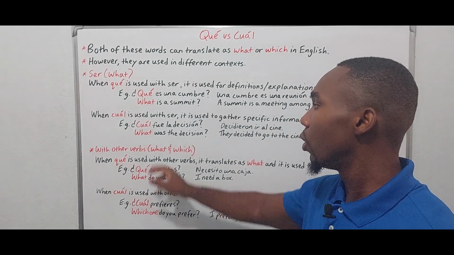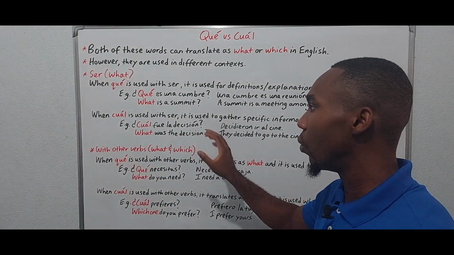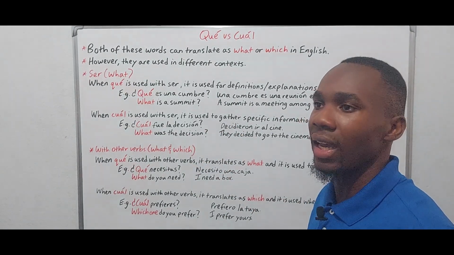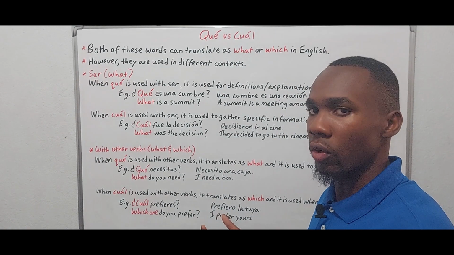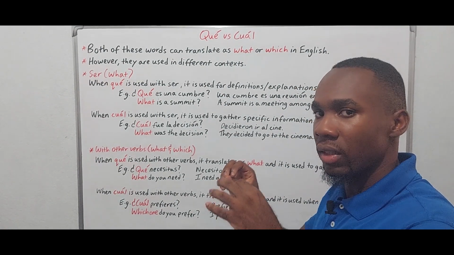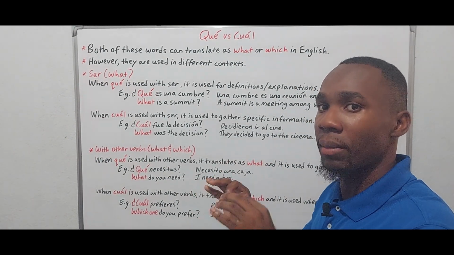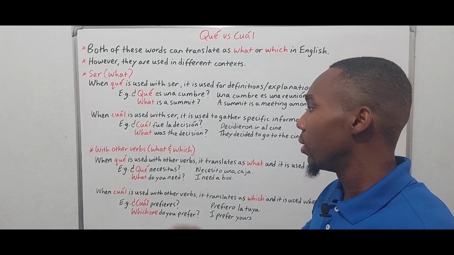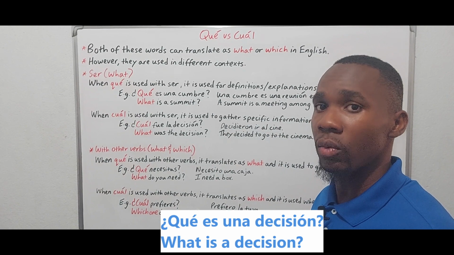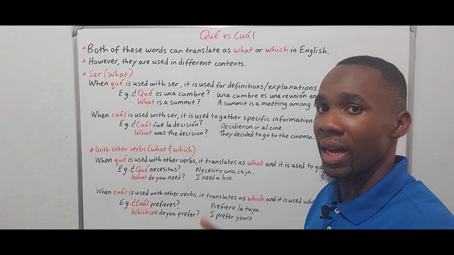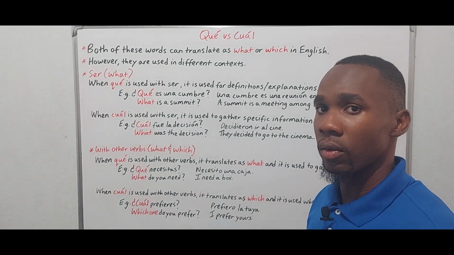For example, ¿cuál fue la decisión? What was the decision? I can't say ¿qué fue la decisión? No, because that is specific information that I'm asking for, okay? I could say ¿qué es una decisión? Meaning what is a decision, because I'm asking for a definition, okay?